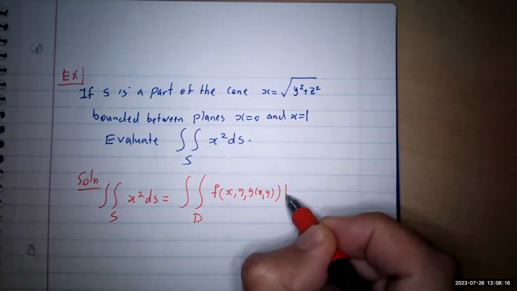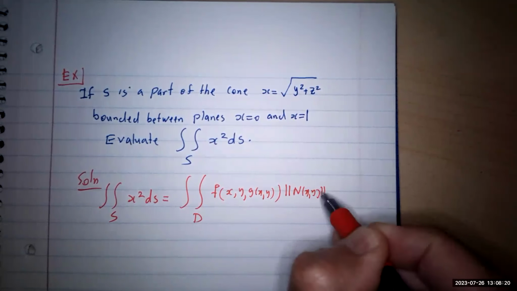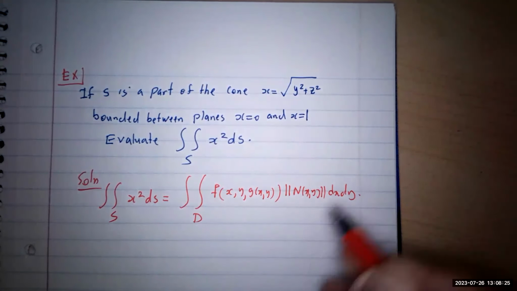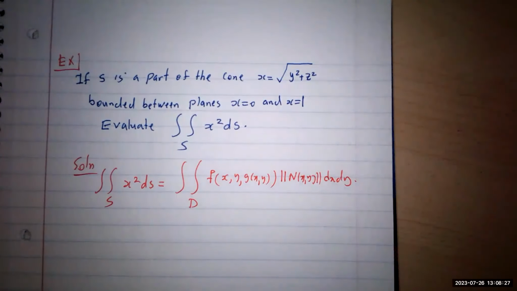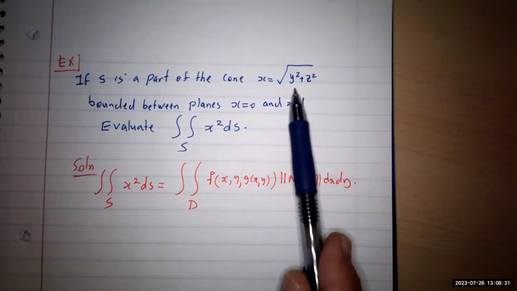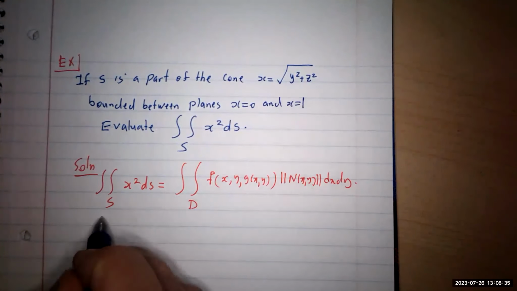Then we get the norm of n of x, y, then dx dy. This is the general one. But in this problem, you have a little bit of a modification. What's going to be your g?